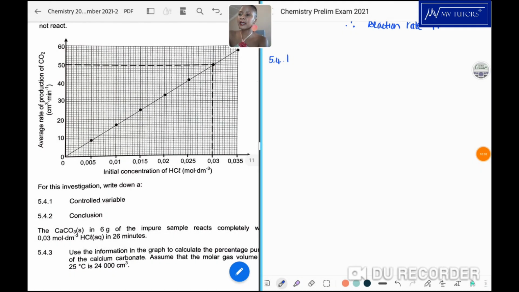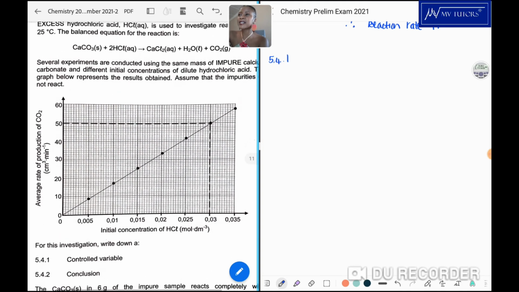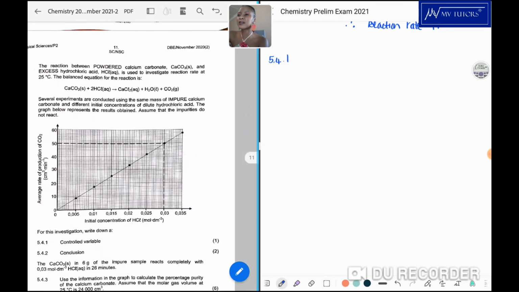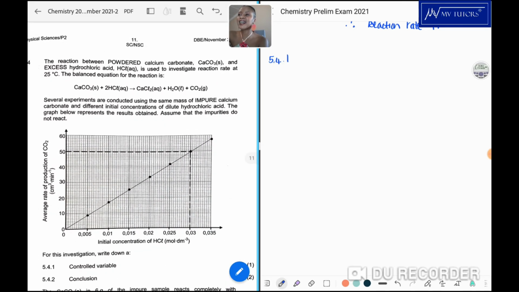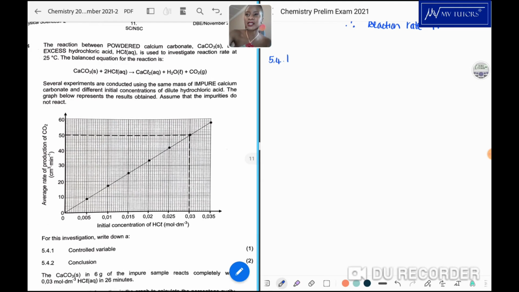So basically, a controlled variable here is something that is really meant to be constant. And what we have read in the introduction is that this reaction takes place, or rather, the temperature here is standard. So it is at 25 degrees. You have to keep it at 25 degrees. So a controlled variable, I would say, is temperature, or one of them is temperature, the 25 degrees.